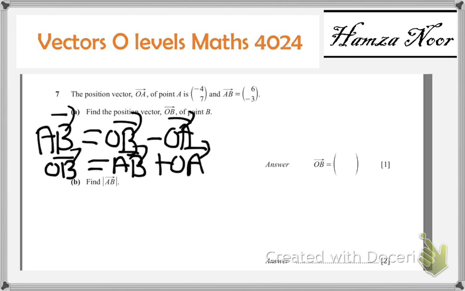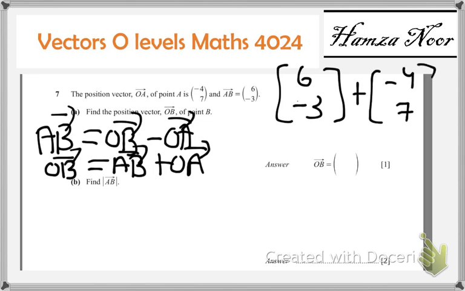The AB vector is given (6, -3), and the OA vector is given (-4, 7). So your answer will be 6 minus 4 is 2, and minus 3 plus 7 is 4. So (2, 4). As quick as that.